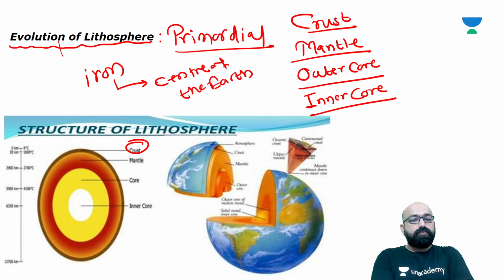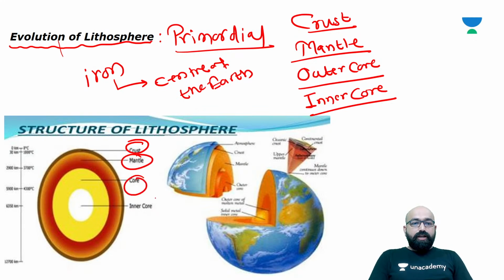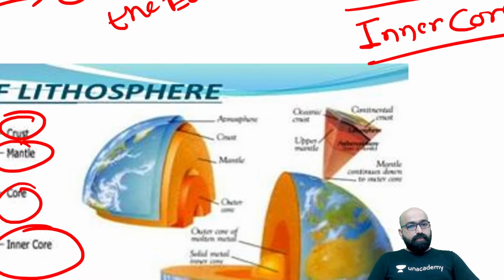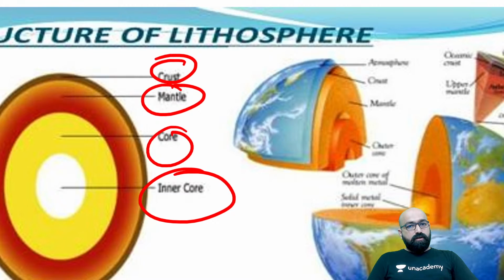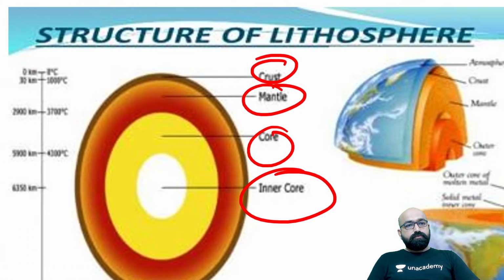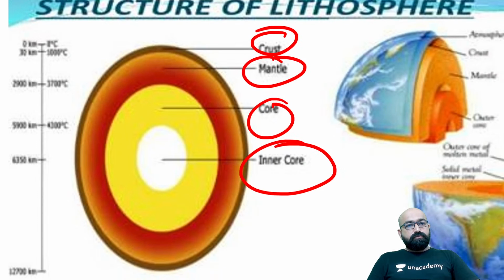Now, after the evolution of lithosphere, now see the crust, mantle, outer core and inner core. Now see the kilometers and temperatures.